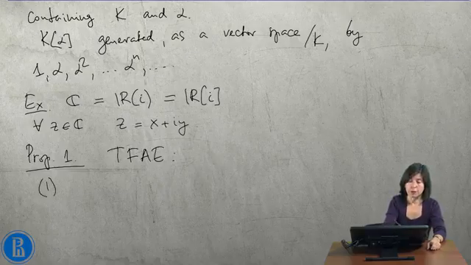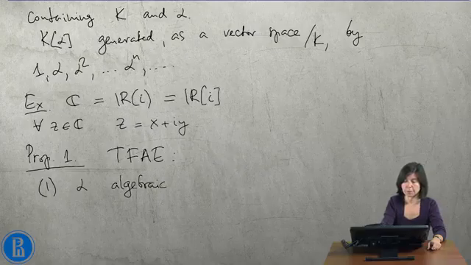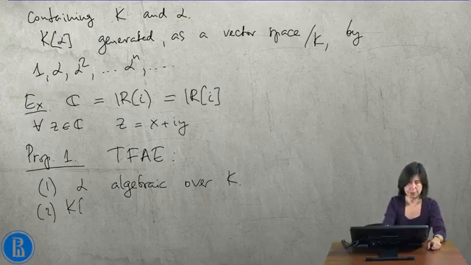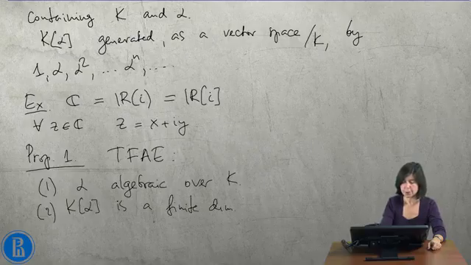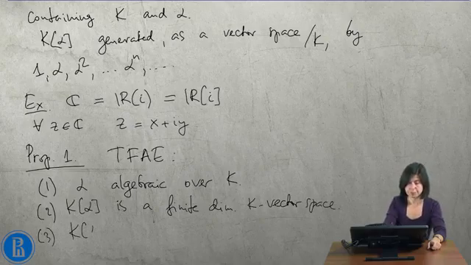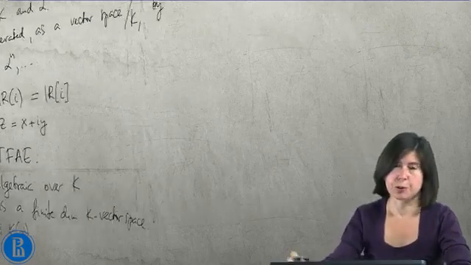First, alpha is algebraic over K. Second, K of alpha in the square brackets, as a ring, is a finite dimensional vector space over K. And third, K of alpha as a ring is equal to K of alpha, that is, it is a field. So let me prove this proposition for you.